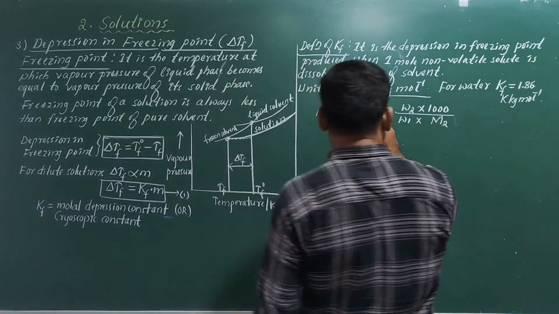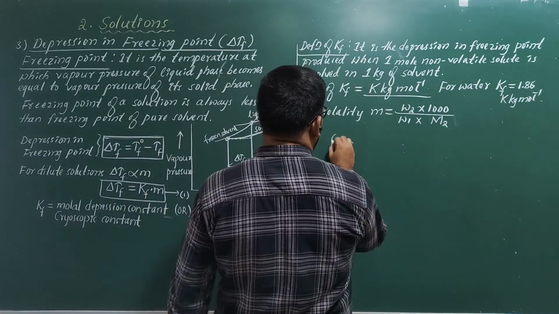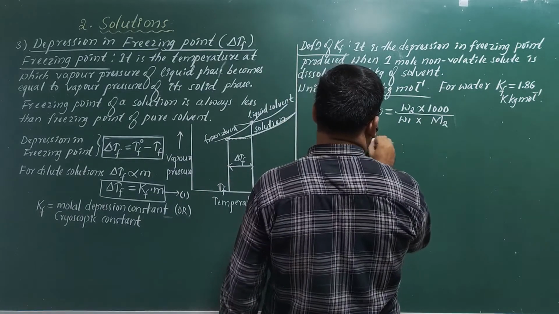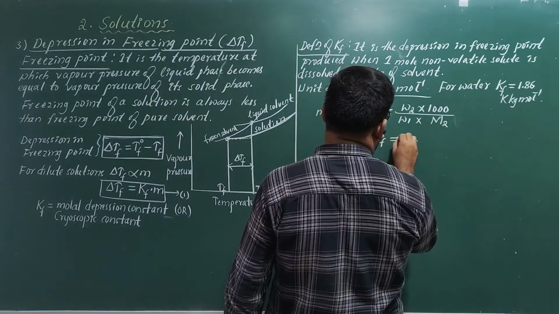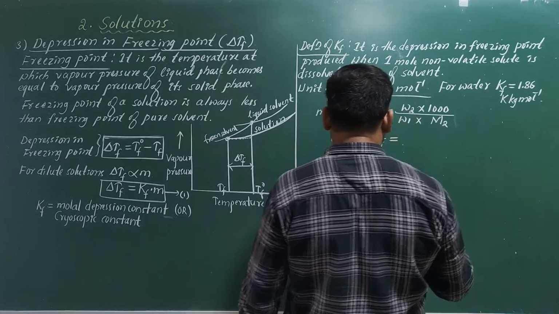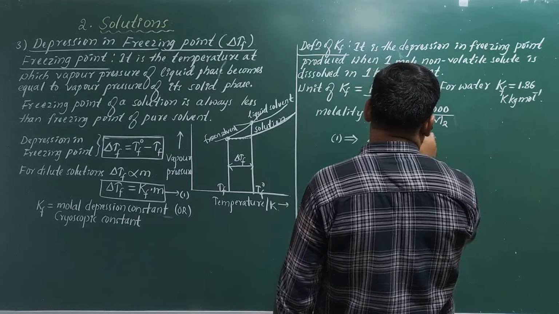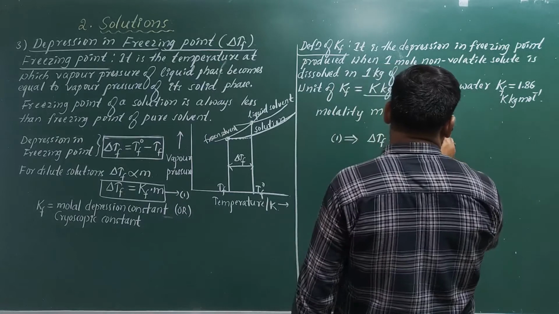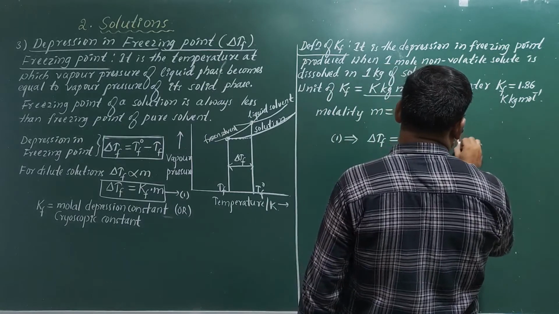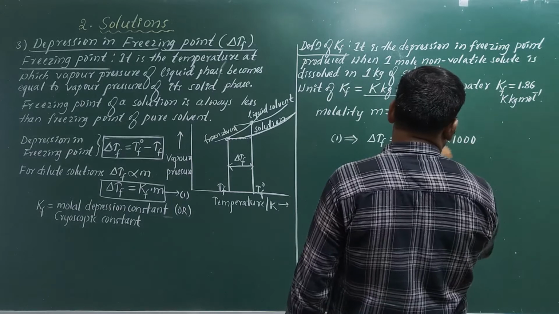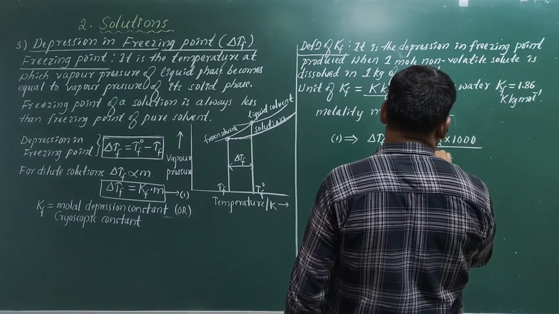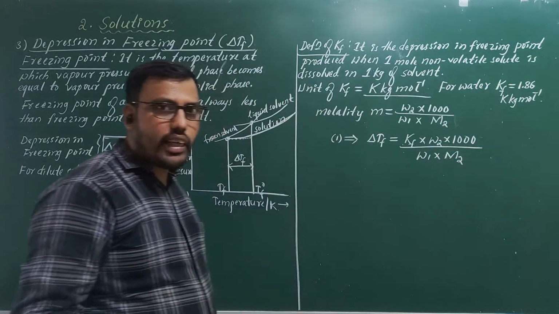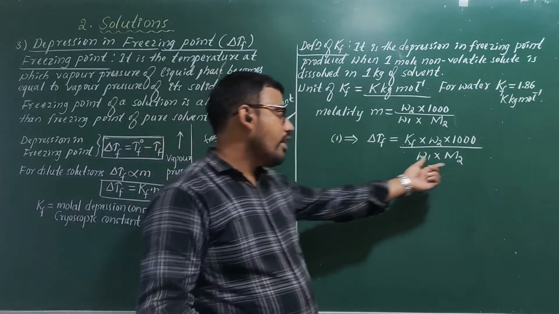Let us substitute the value of m in equation 1. Delta Tf is equal to Kf into W2 into 1000 divided by W1 into M2. So this is the formula where we can calculate the molar mass of solute, M2.